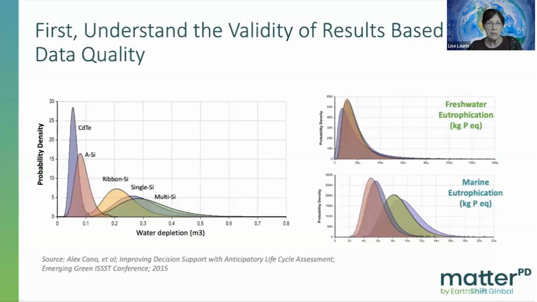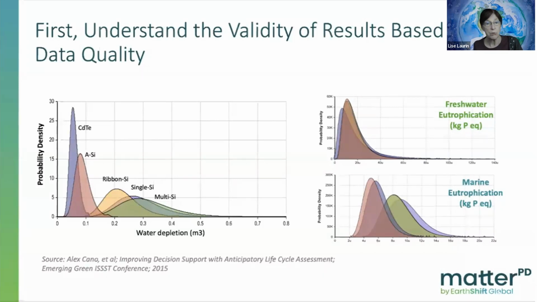On the left-hand graph, you'll see that the single crystal silicon has a little less impact than the multi-crystal silicon if you look at just the mean, right? But if you look at the uncertainty across that, it's virtually the same space. They're virtually indistinguishable, right? And so I wouldn't use that indicator, water depletion, to choose between those two.